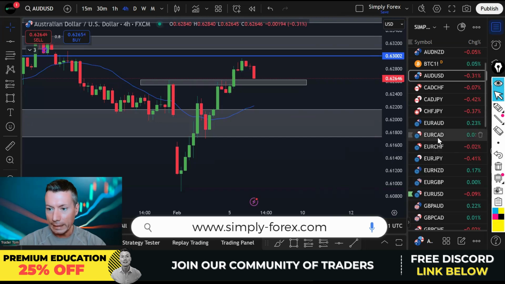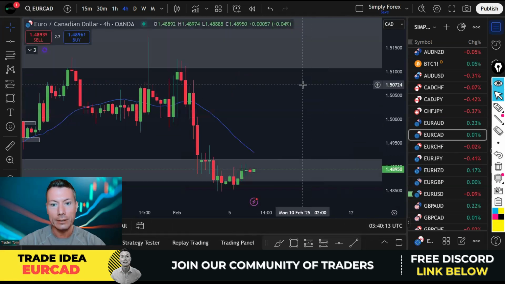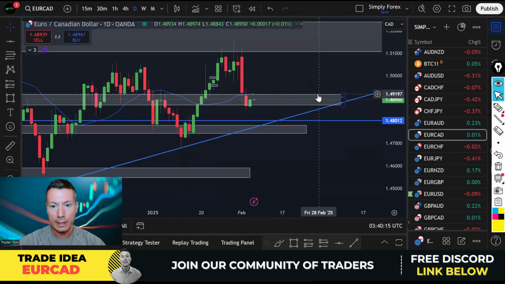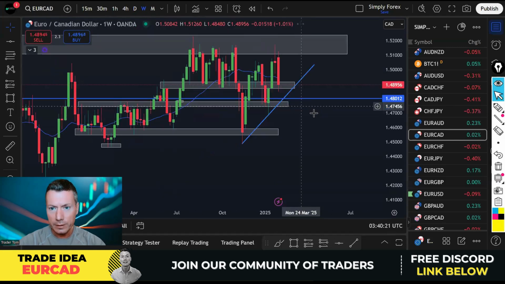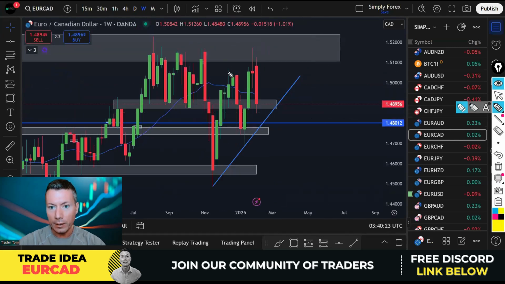Right, next trade is Euro Canadian dollar. If we look at the day chart, we have had a breakdown in structure. Let's have a look at the weekly chart first. So these highs never broke here. This all held on to it. And you can see these highs here, we've had a big bearish wick followed by a big bearish candle.